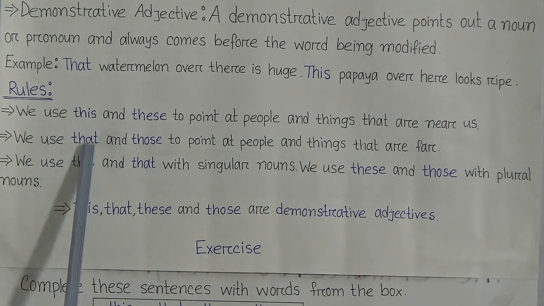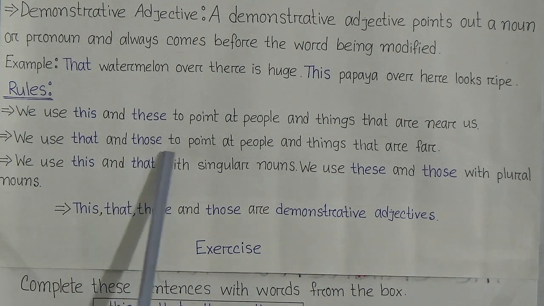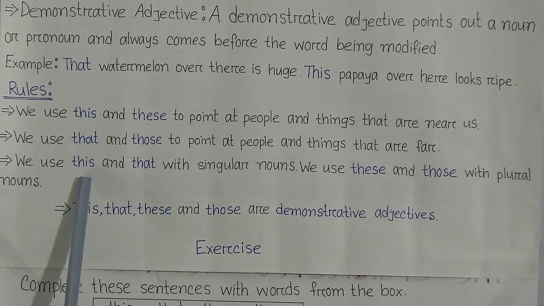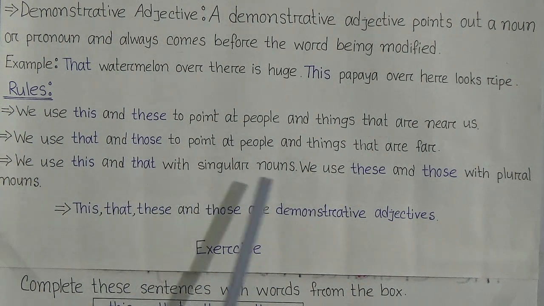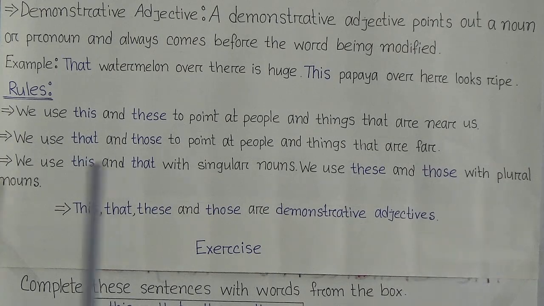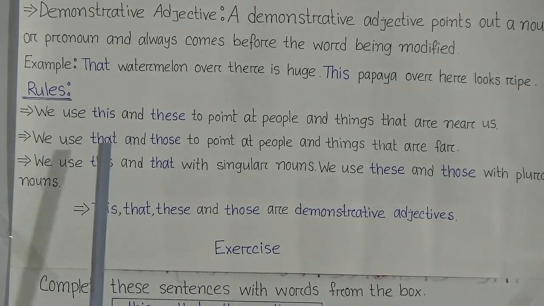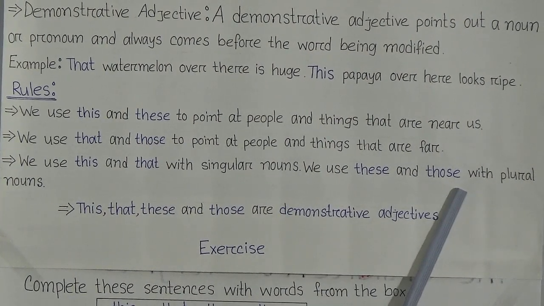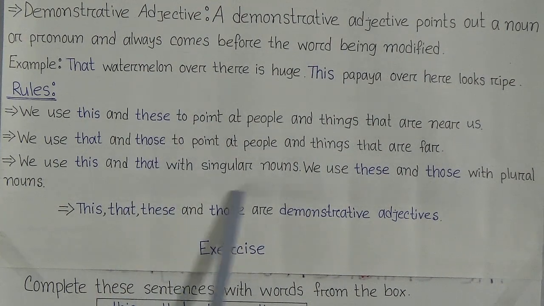And if it is plural, we'll use those. Last one, we use this and that with singular nouns. We use these and those with plural nouns. I have said in earlier rules that this and that are singular and these and those are plural. So I hope that these rules are clear to you.